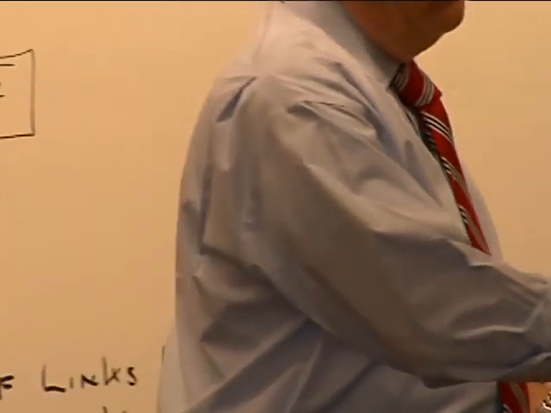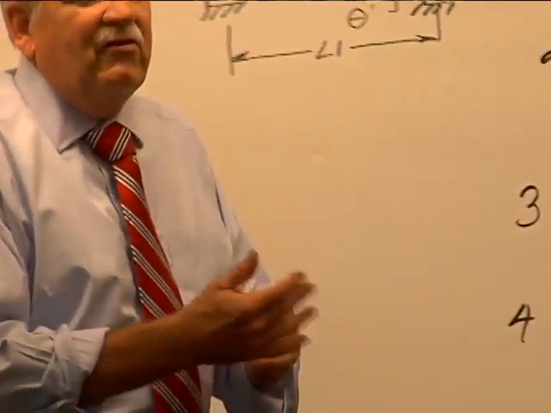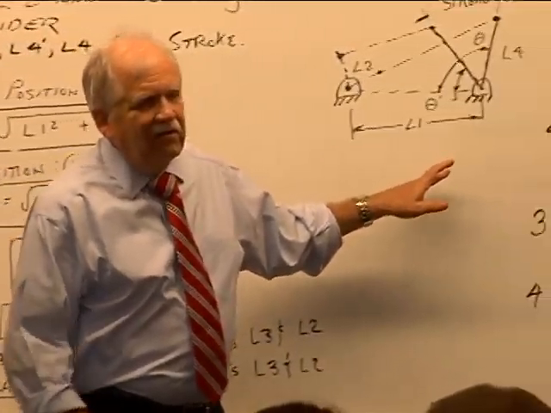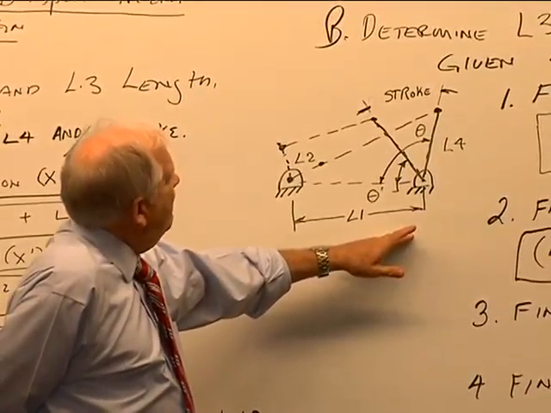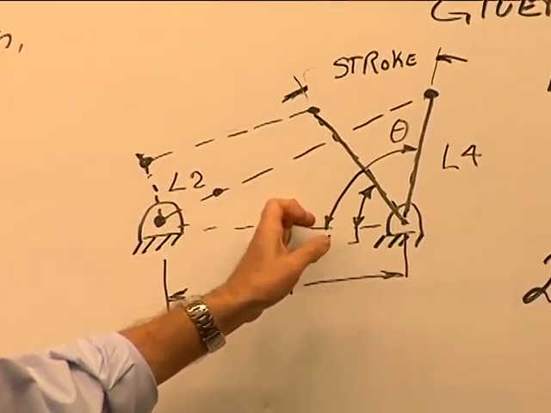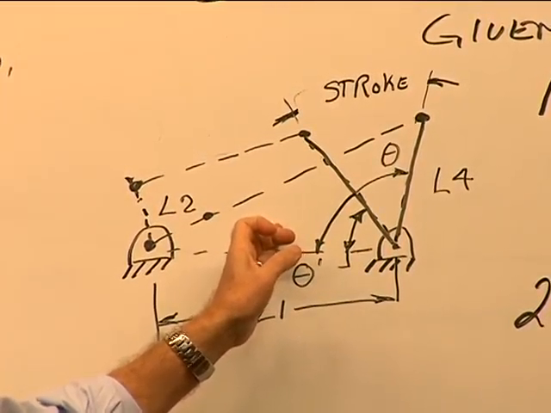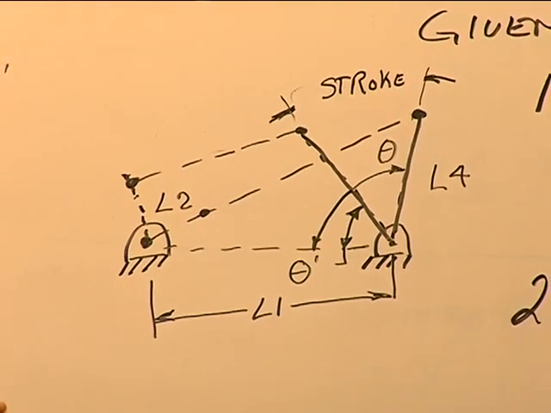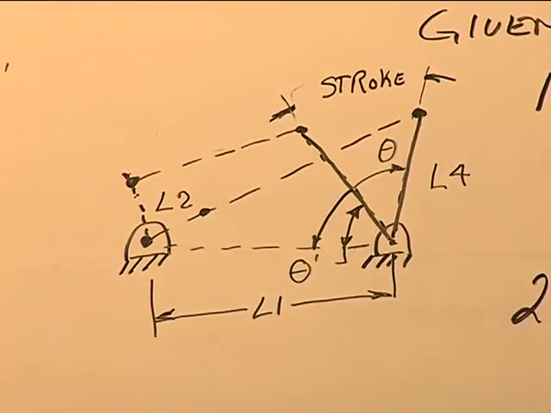To do that, it's very simple and very similar to this process, except because of the way the linkage is set up, we have a 4-bar link, and we cannot use Pythagorean because we don't have a right triangle in this situation. So we're going to end up with two oblique triangles, and therefore we're going to have to revert to the law of cosines.